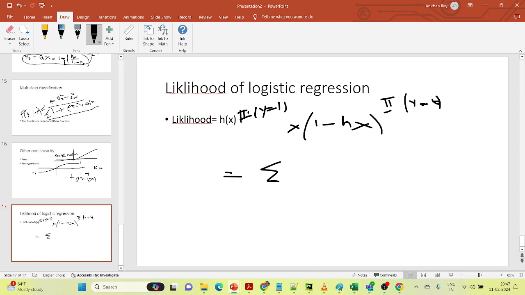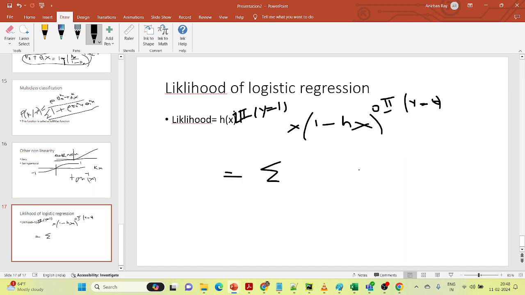This function becomes 1 when y is equal to 1, and this I is the indicator function, which represents this type of function: 1 when y is equal to 1, and 0 when y is equal to 0.